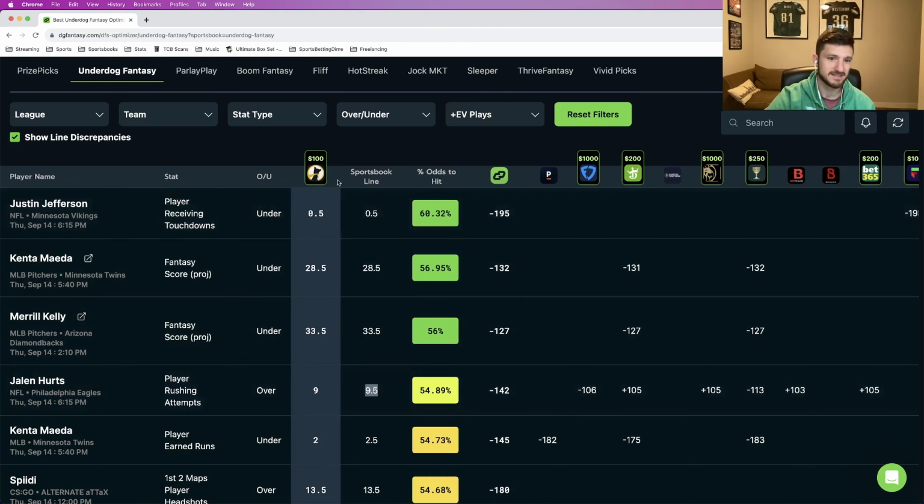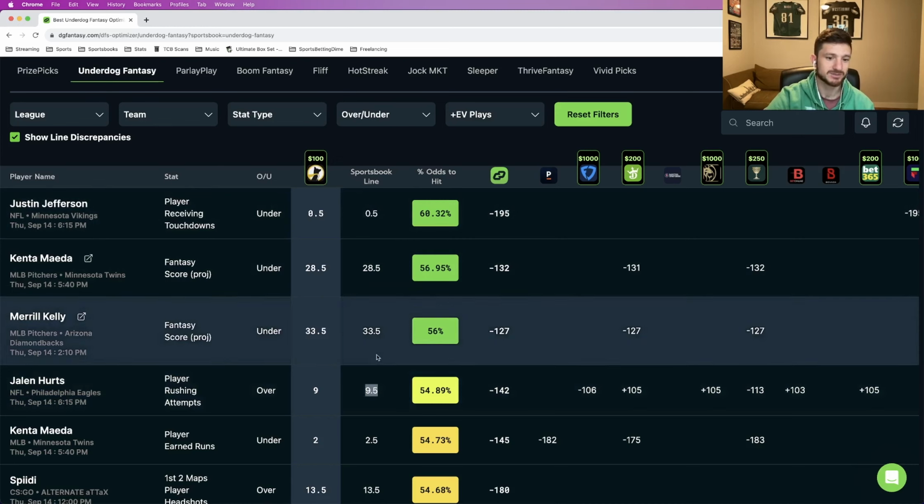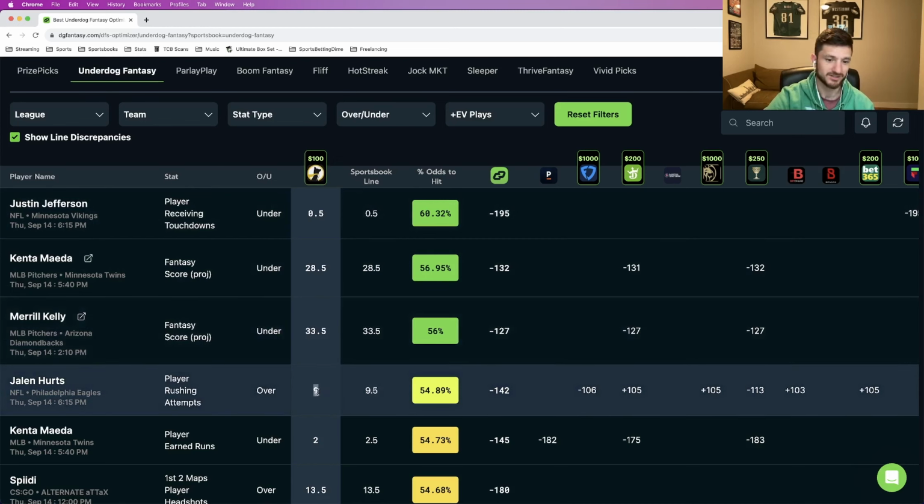And this is an example of a line discrepancy, meaning the lines are different between Underdog and the sportsbooks. Underdog is giving this to us at 9. The sportsbooks have it at 9.5. Because the sportsbooks are pricing it at a number above Underdog, value is created on the over. So again, this is an example of a line discrepancy.